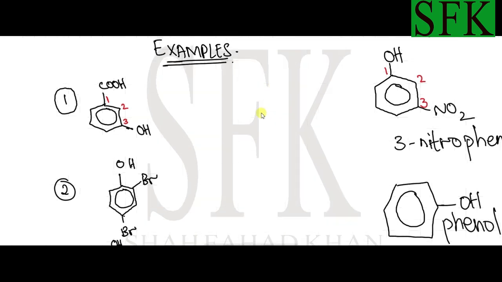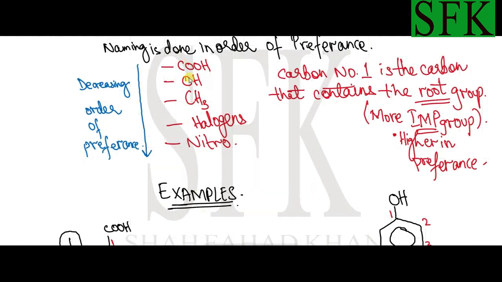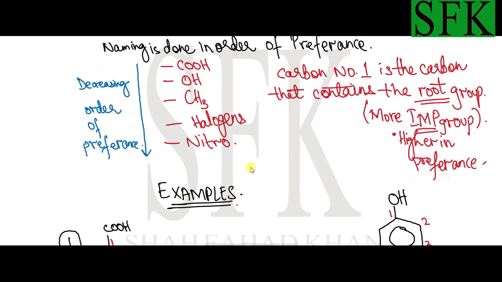I've given a few examples over here. This first compound has two functional groups attached to benzene, the carboxyl group and the OH group. If we look at that series which I've given you over here, the carboxylic acid is actually above the OH group in this series.